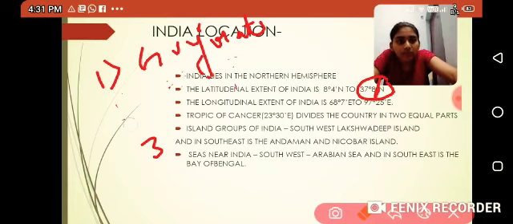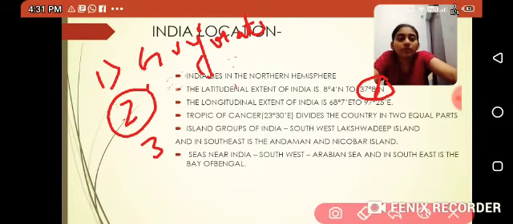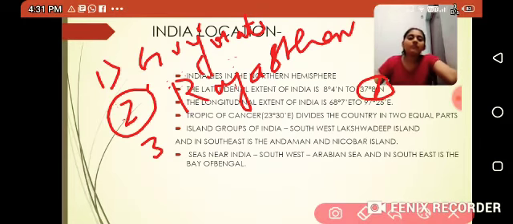The second one is going to be Rajasthan. After Gujarat is Rajasthan. Please keep them in a series.